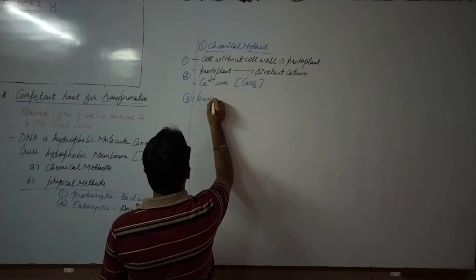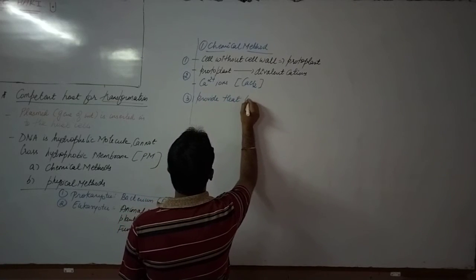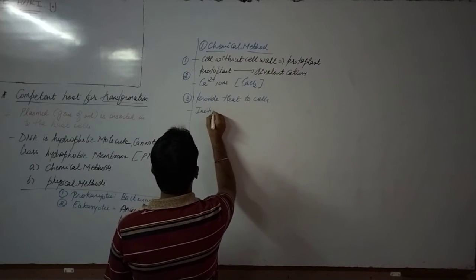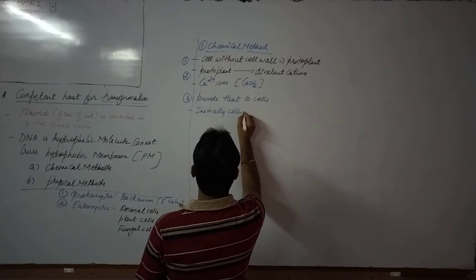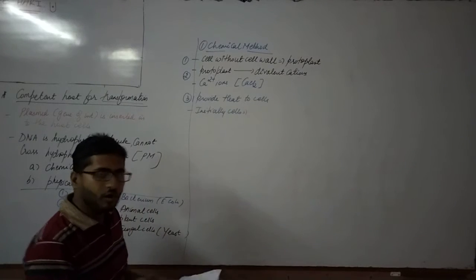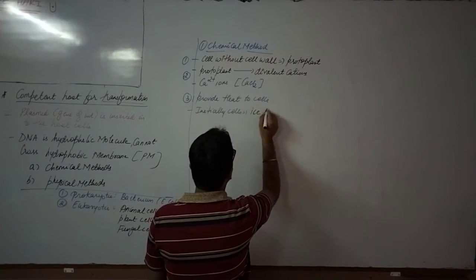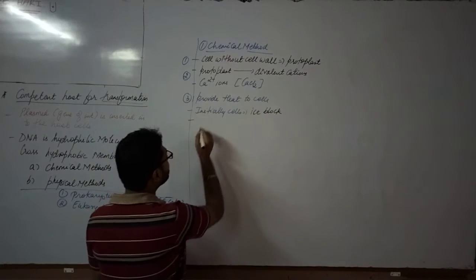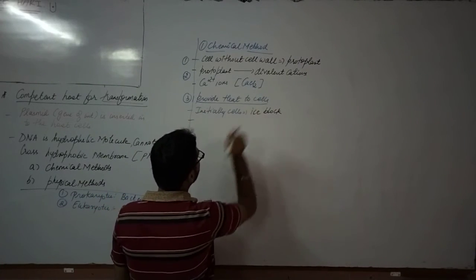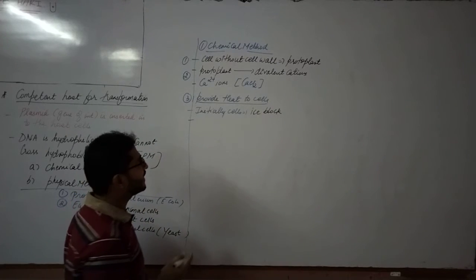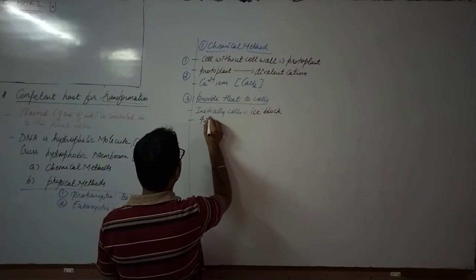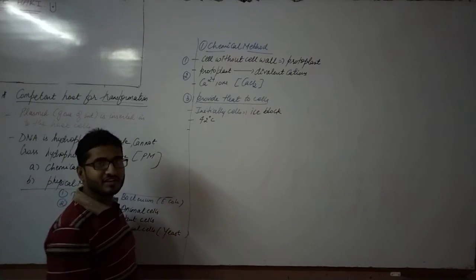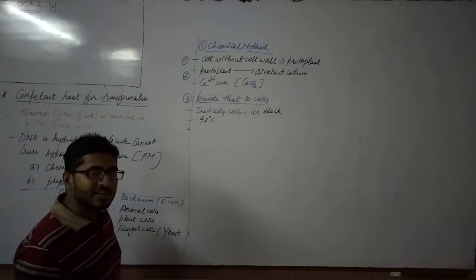The cells were placed on the ice block, normal protocol. Afterwards, from ice block, they are transferred to a chamber where the heat can be provided, and the temperature that is provided is 42 degree Celsius, which is not about 37 degrees Celsius, right? It is 42 degree Celsius.